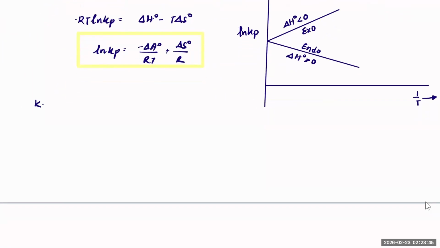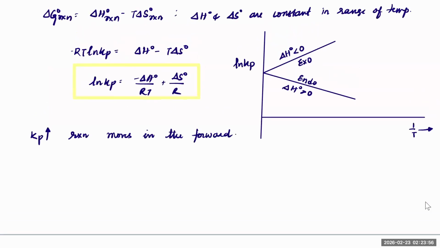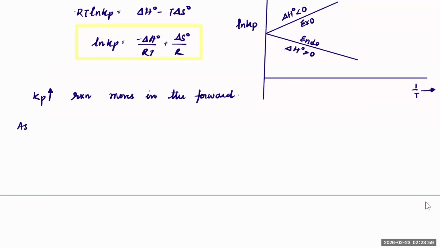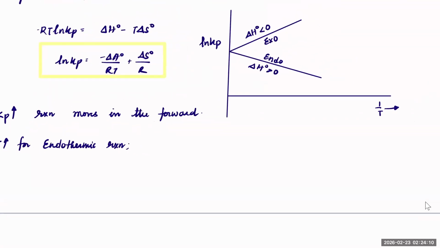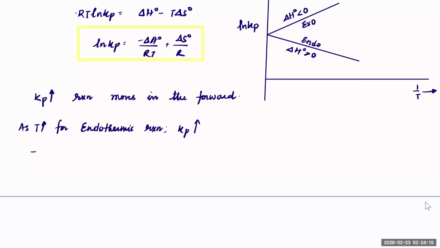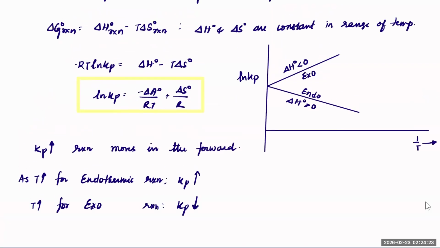You know that if the Kp value is increasing, it means the reaction moves more in the forward direction, and vice versa. If it is decreasing, it will go in the backward direction. Hence, as temperature increases for an endothermic reaction, you would notice that the Kp value is increasing, while as temperature increases for an exothermic reaction, the Kp value is in fact decreasing.